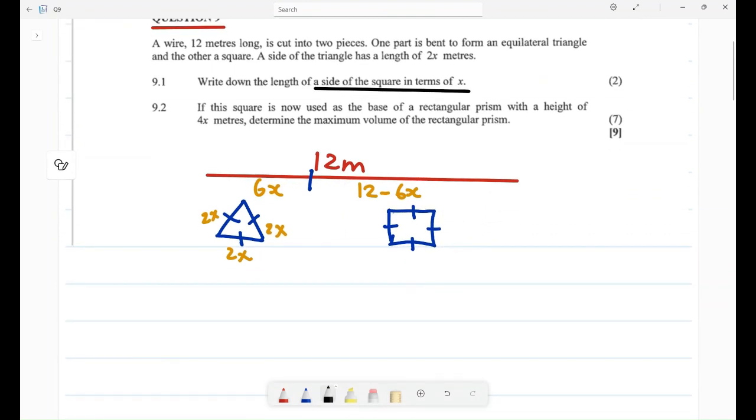So we want only the length of the side, and we know that all these sides are equal, so they're going to share this equally. So 9.1 is going to be 12 minus 6x divided by 4, because all these sides are equal.